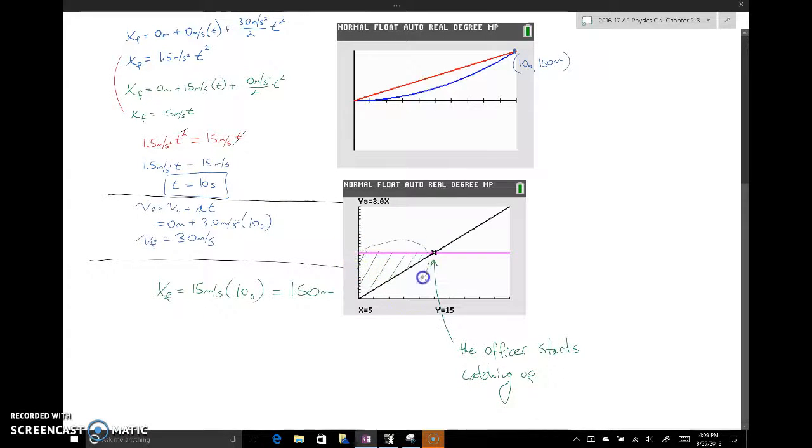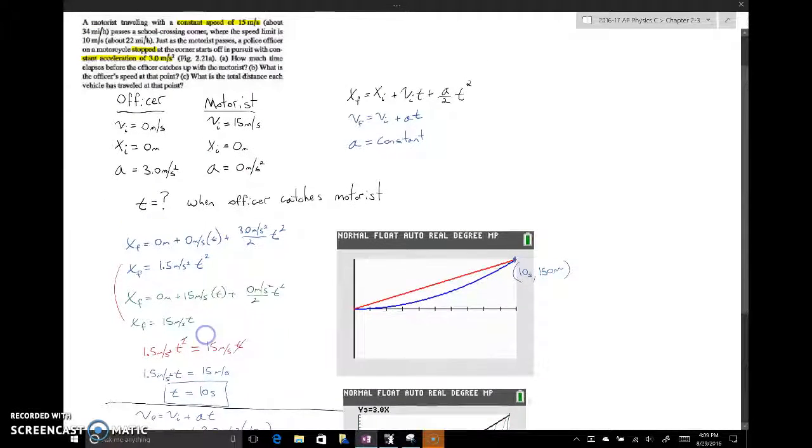This represents the distance that the motorist gets away from the police officer. And this represents, with the police officer's line on top, the police officer regaining all that displacement, and the area of these two triangles is the same because right at time equals 10 seconds, the officer has caught up completely to the motorist.